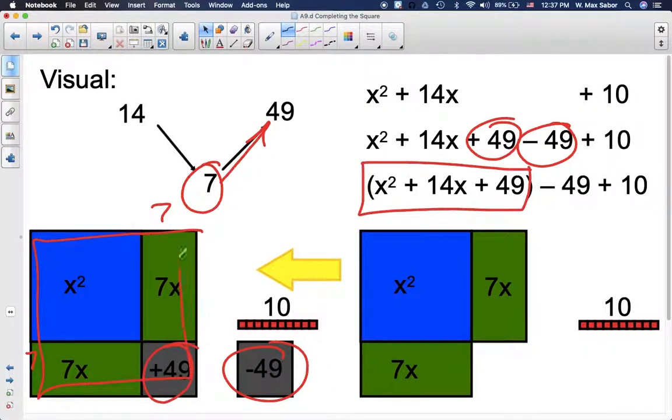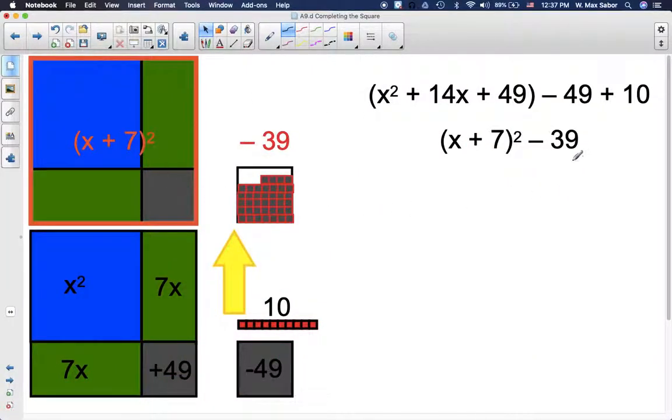You see this is an x by 7 square, or x plus 7 by x plus 7. What's left over is negative 49 and positive 10. Combining the negative 49 and positive 10 gives us negative 39. And this x plus 7 by x plus 7 is just x plus 7 squared.